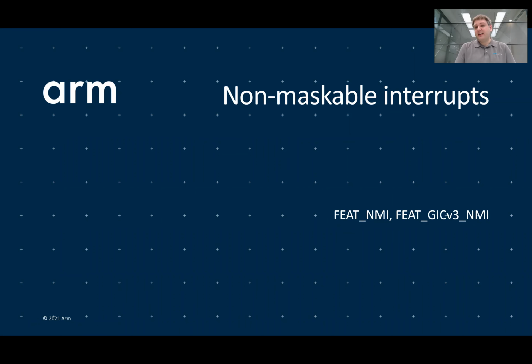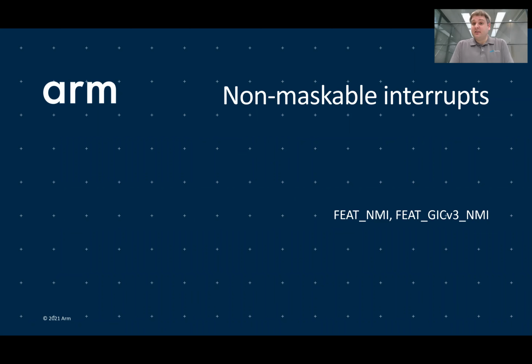The feedback we've had from OS developers is that they want finer-grained control over interrupt masking. They want the ability to mask most interrupts while leaving some interrupts unmasked. Now, you can do that in today's architecture using the GIC and prioritization.